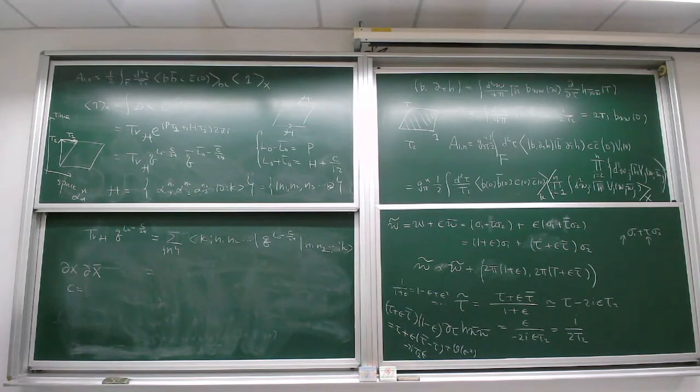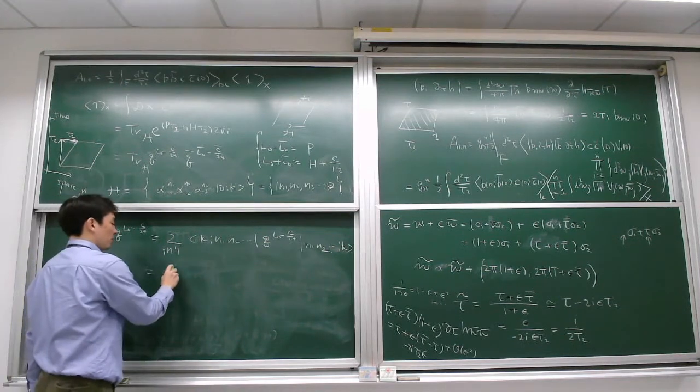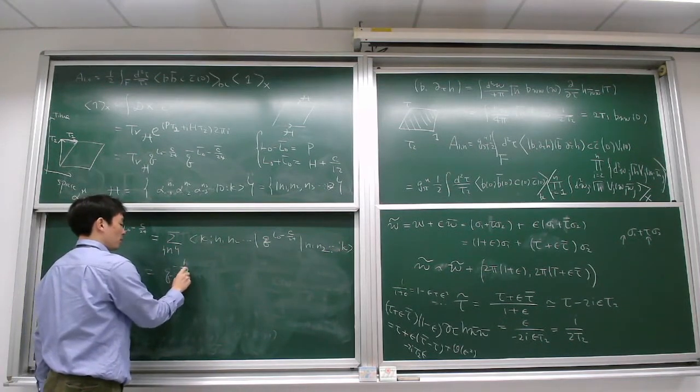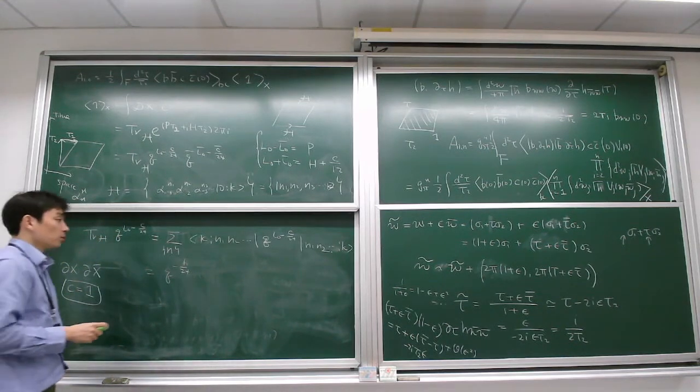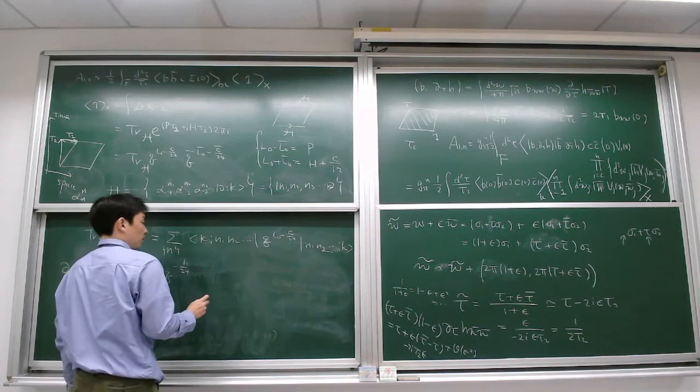We fix the dimension, which means we only look at a particular dimension. The dimension is 1. Good. The central charge is equal to 1. Therefore you have q to the minus 1 over 24.